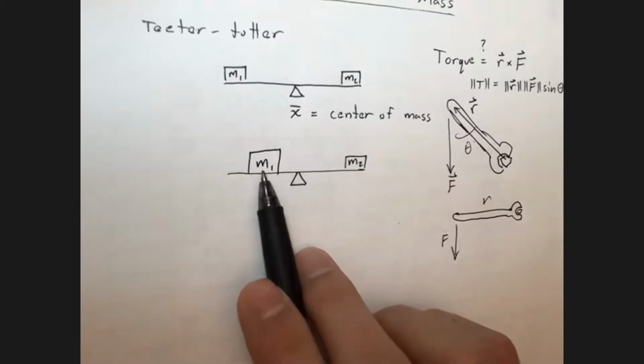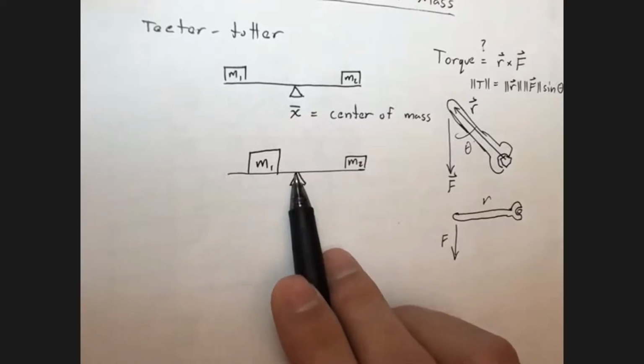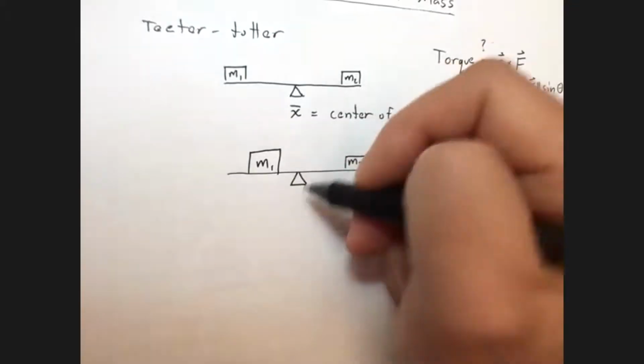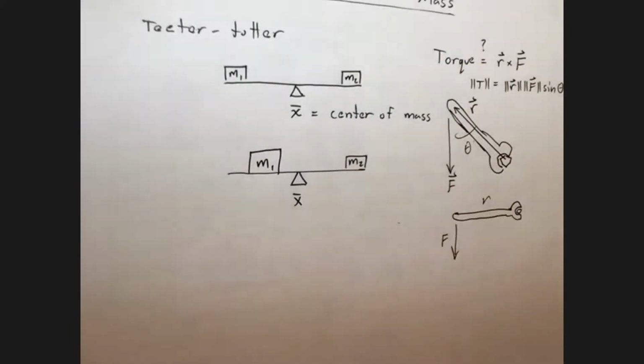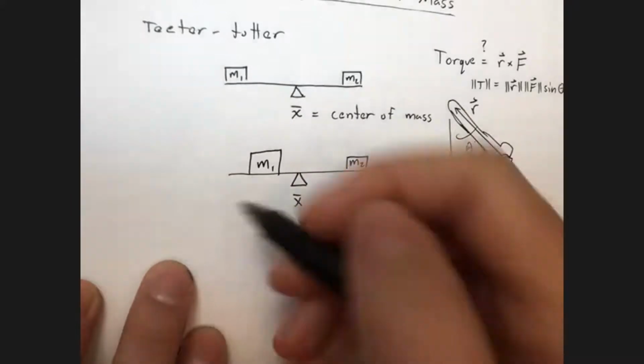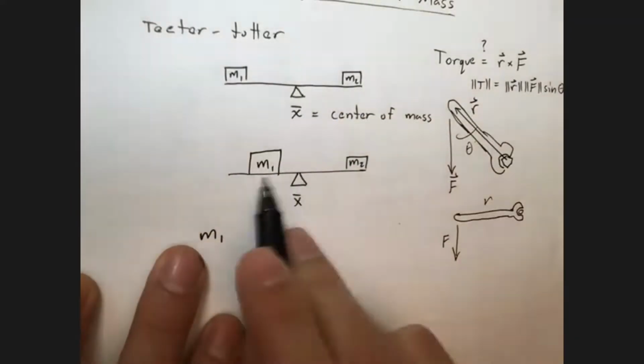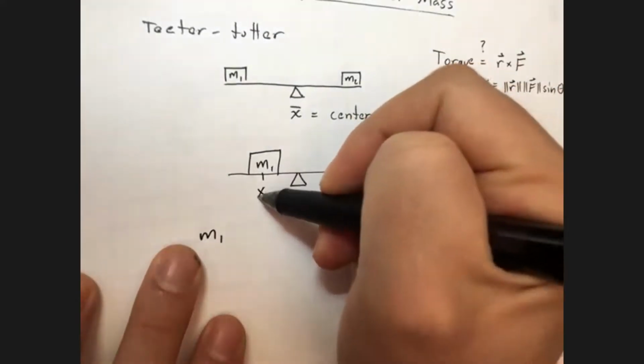Okay, so you're going to find the influence of this mass, you're going to multiply it by the distance they are from the center here. So what we need to have happen for this to be balanced is that we need mass 1 multiplied by the distance here. Suppose this guy is at position x1.